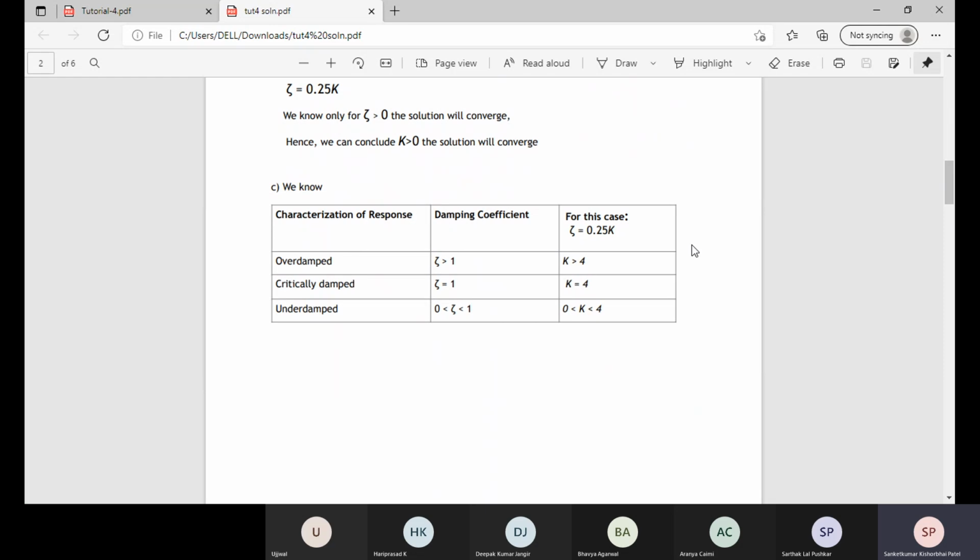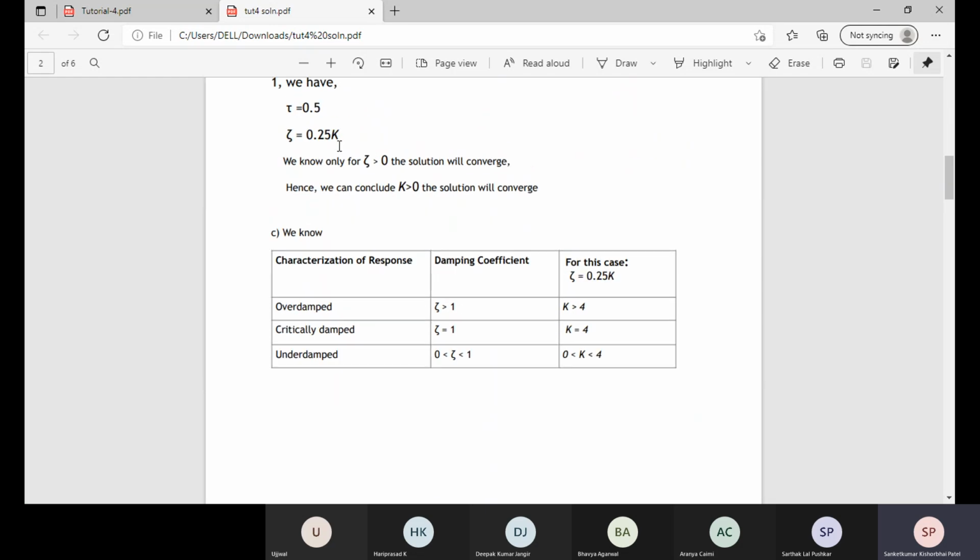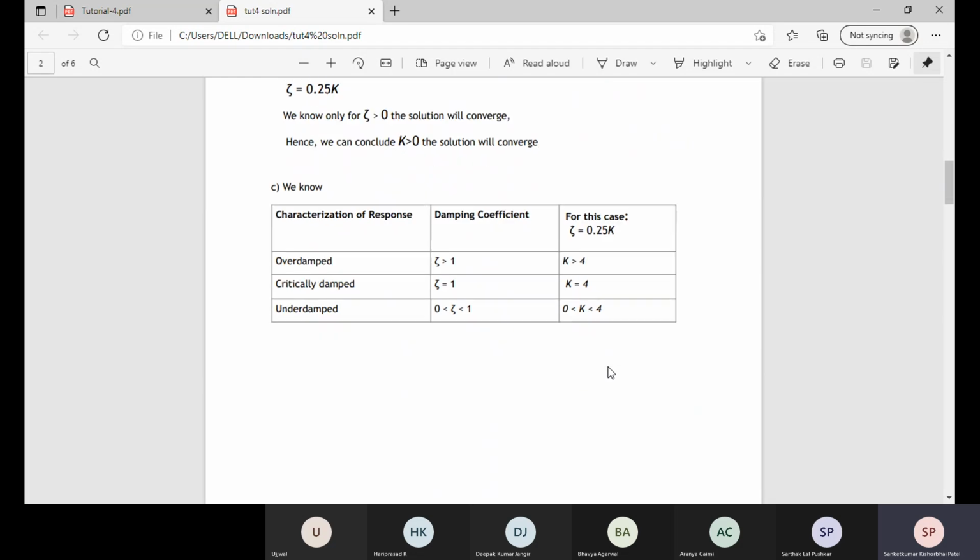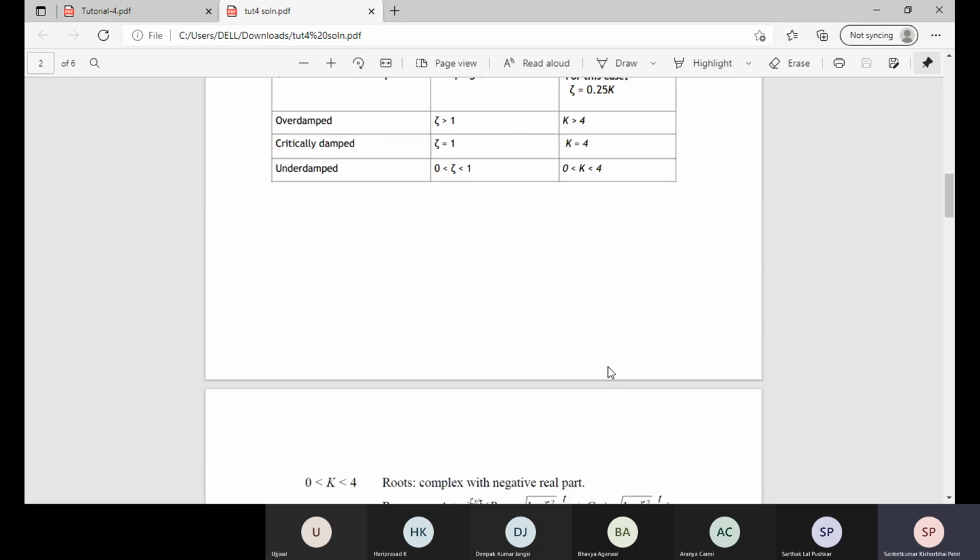for which values of k we need to find the step change response. So for different values of zeta, from here we find for zeta equal to 1, k will be 4, and for zeta greater than 1, k will be greater than 4, and for k between 0 and 4 it is an underdamped system.